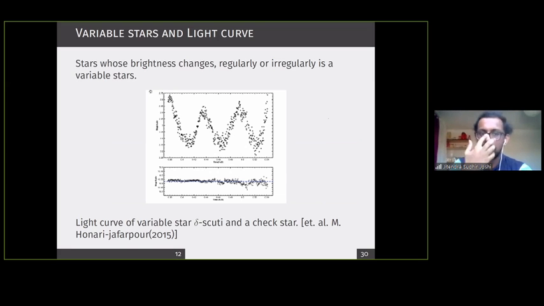So, as I said, variable stars are stars whose brightness changes. This is the brightness that we observe from Earth for one star, and this is another star. As you can see, this star doesn't change in brightness, but this star does. So, this is a variable star, and this is not.